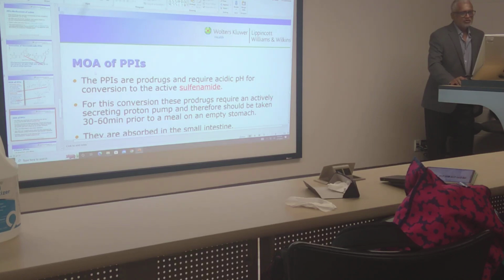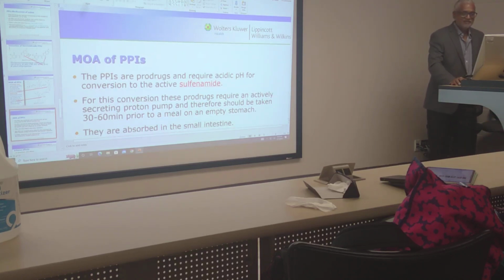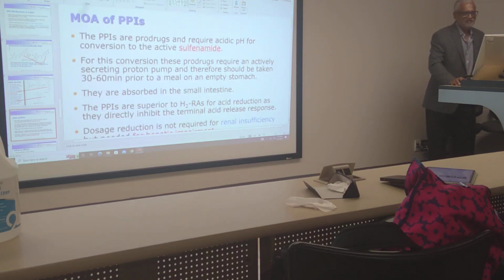So the active form is the sulfenamide. It is not sulfonamide, please check your spellings. This is sulfenamide. For the conversion, these products require an actively secreting proton pump. Then only they can act.